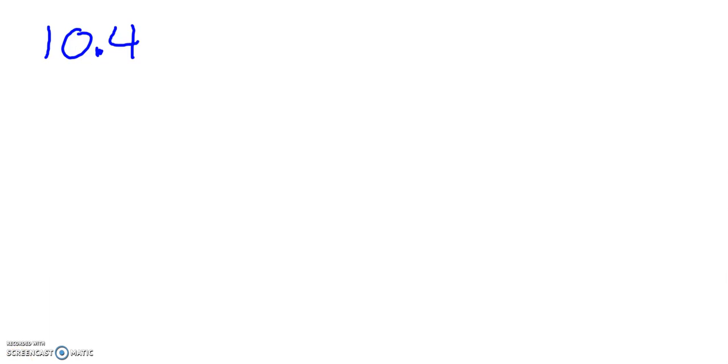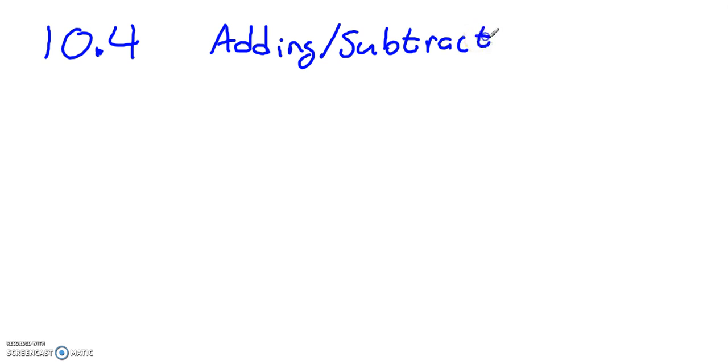Okay, so for this part of 10.4, we're going to be adding and subtracting radicals. In the first part of 10.4, everything was the same on the inside. The second part we're going to look at is where you have something different on the inside.